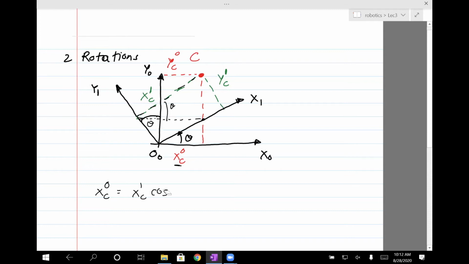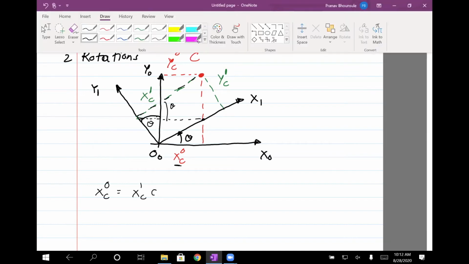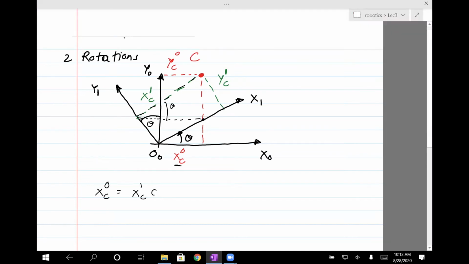cosine of theta, but hold on, I did an error here. This is not right.